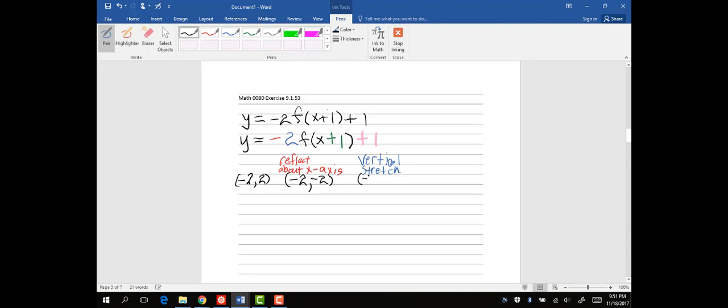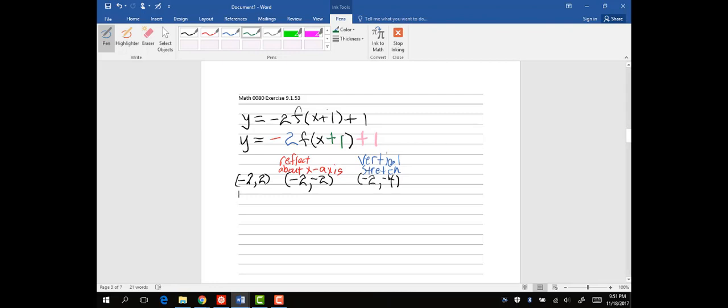So the point now, after the reflection about the x-axis, becomes (-2, ...). Notice the x is unchanged, and the -2 is multiplied by 2. So I now have a -4 for my y value, based upon the vertical stretch.